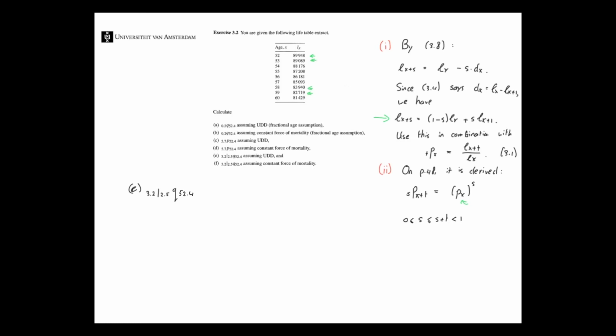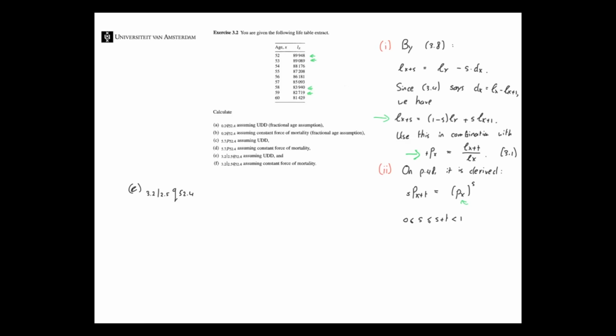Now, since we are using this life table with the Lx, and we know of the very important relation here between the survival probabilities and this Lx, it makes sense to rewrite this deferred probability of death in terms of survival probabilities.